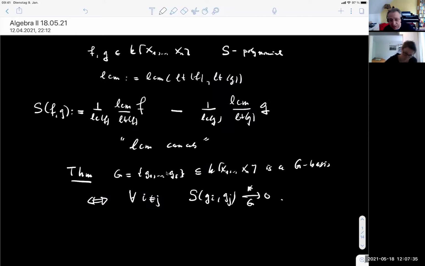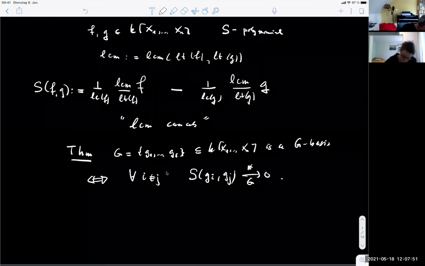So this is a condition we can actually test. We can compute the S polynomial and we can do the division algorithm to check this. Maybe about the proof: there was one easy direction.